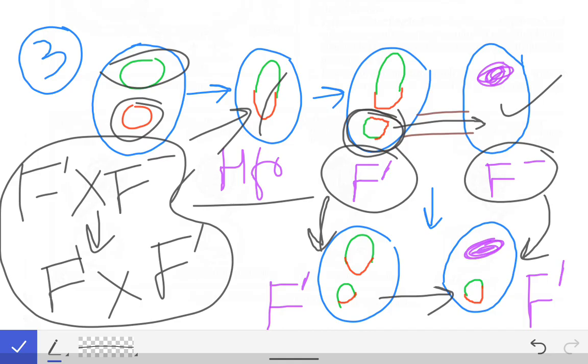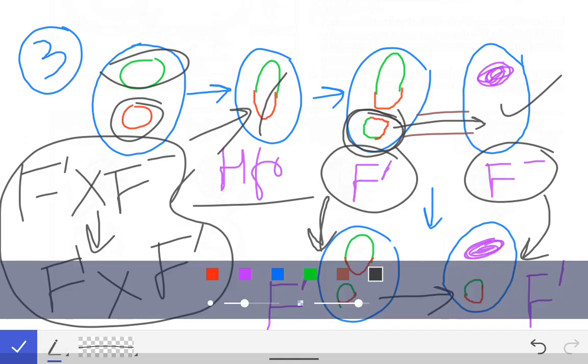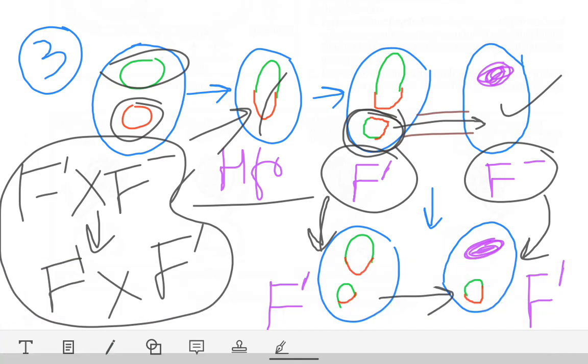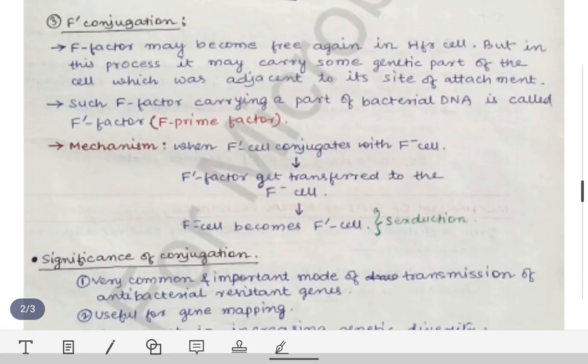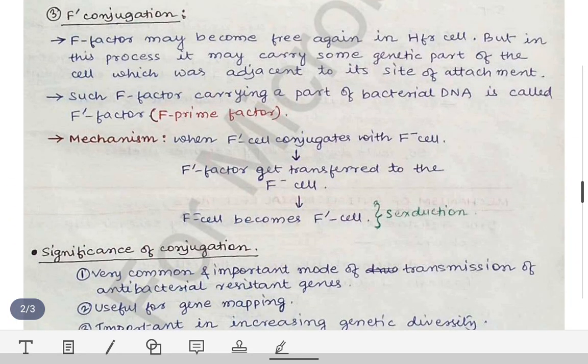Let's see the theory part of this now, as we have understood this diagram very thoroughly. The F prime conjugation is that the F factor may become free again. Once the F plasmid combines with the bacterial donor DNA, it is called an HFR cell.